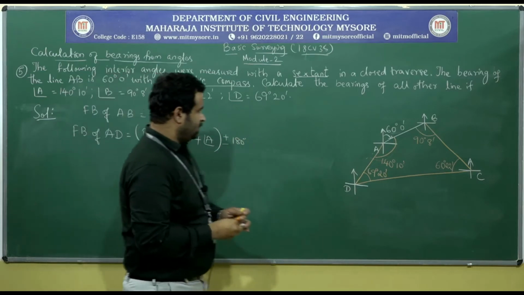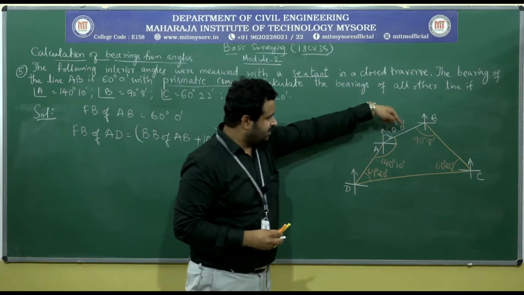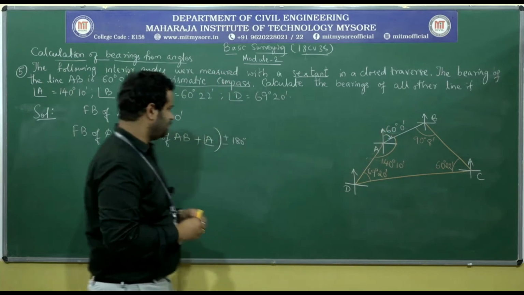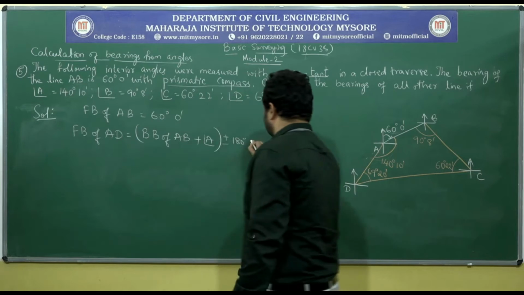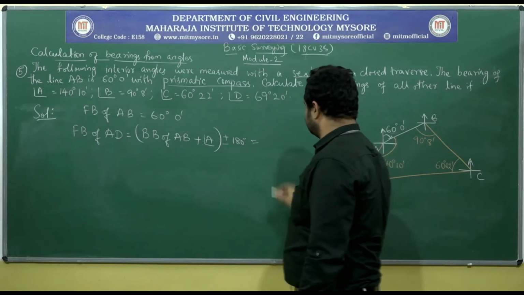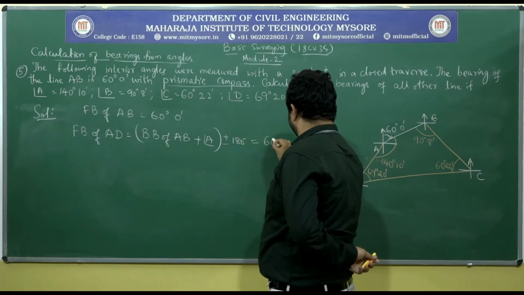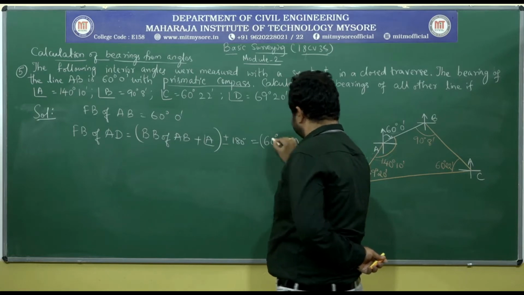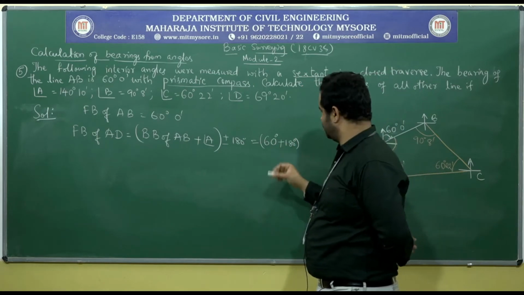That is, to calculate this bearing, take the previous bearing plus the angle measured in a clockwise direction. Back bearing of AB is calculated as fore bearing of AB, that is 60 degrees, plus 180. Why? Because it is less than 180, you should add 180 to calculate its back bearing.